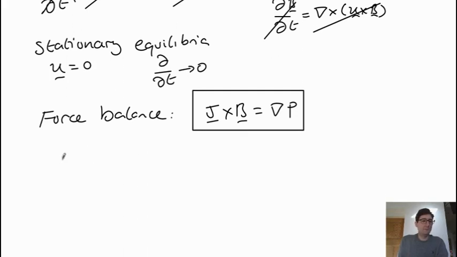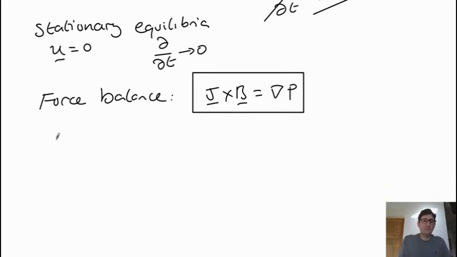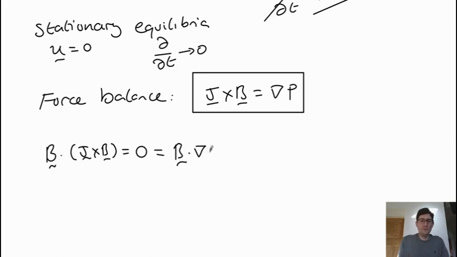Okay, so we're going to start with a slab geometry. Okay, so there's a couple of consequences of this equation which we should go through. So first of all, this is a cross product, and so for some very simple ones, I just take the dot product of this equation with J, for example, or with B, and so you can immediately see that B dot J cross B is just identically equal to 0, and that's equal to B dot grad P. And so this means there's no pressure gradient along magnetic field.